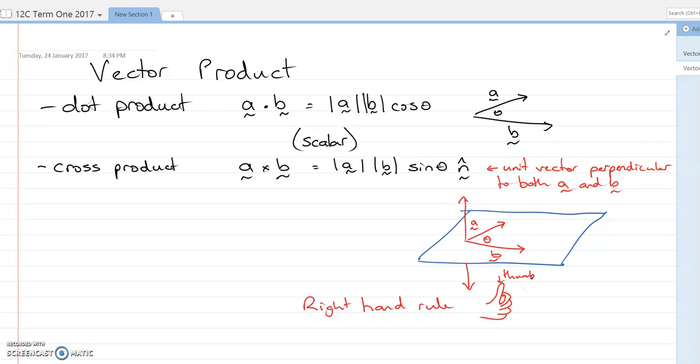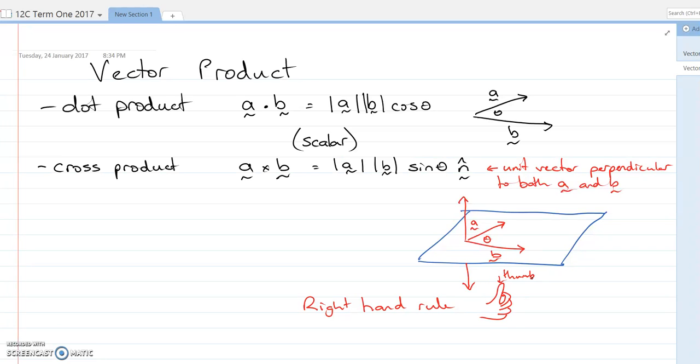So if you imagine you wrap your right hand around this thing that's sticking up out of the page, or down into the page. Imagine that's a stick and you wrap your hand around it. You can wrap your hand around it one of 2 directions. Either with your thumb pointing up, or you can turn your hand upside down and wrap your hand around it with your thumb pointing down.